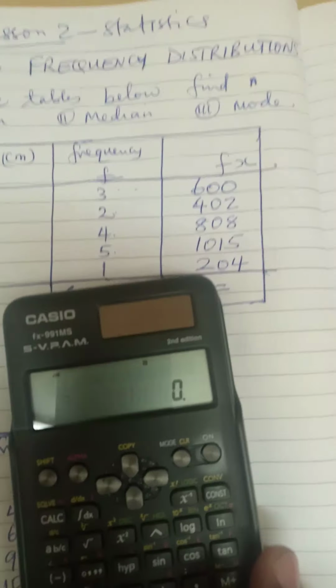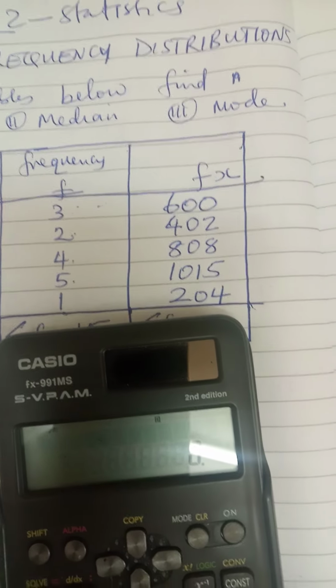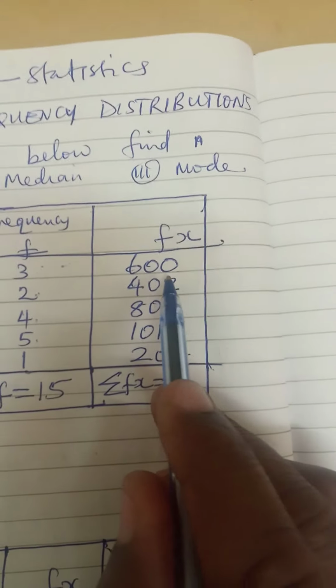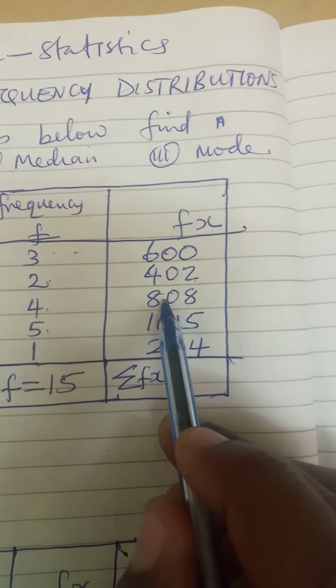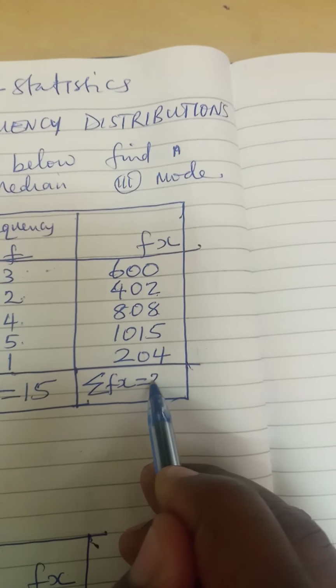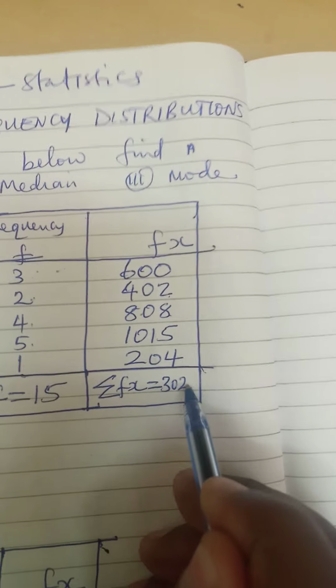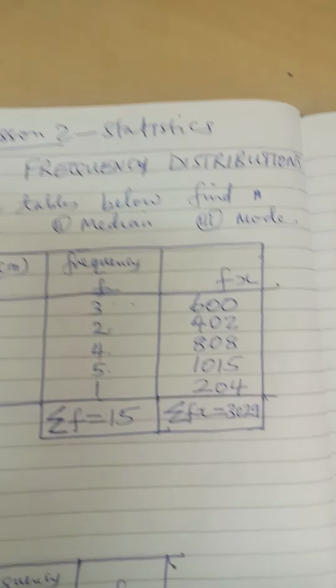When you add these figures, I am not going to add right now, but when you get the final total, you will get a figure of 3,029.